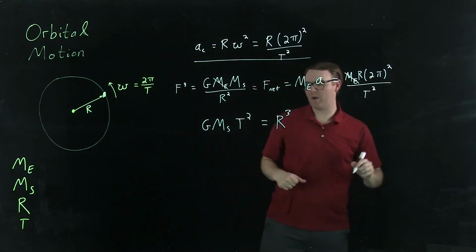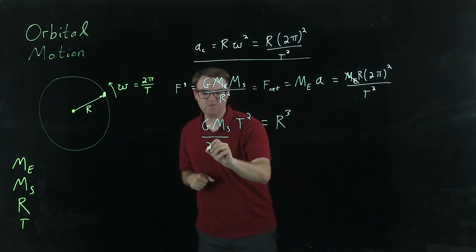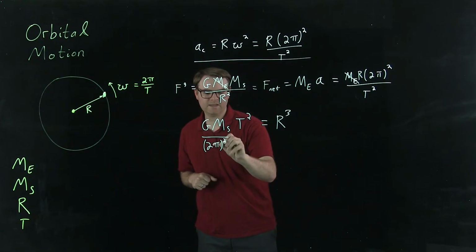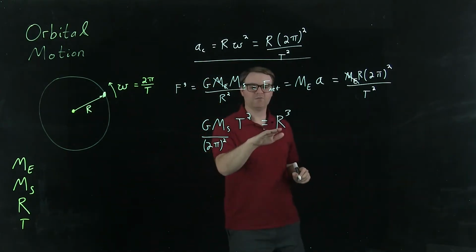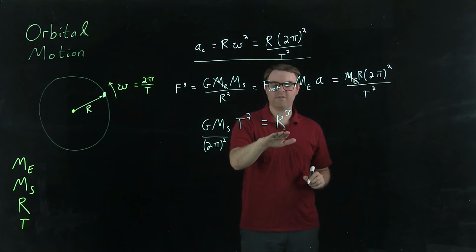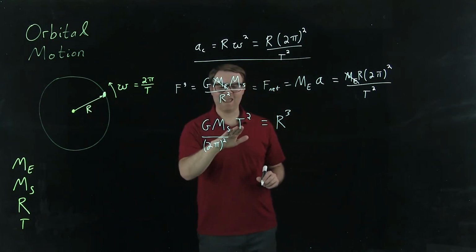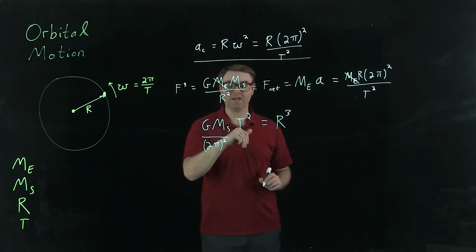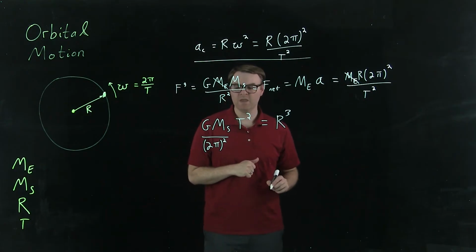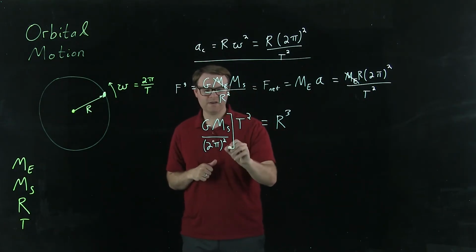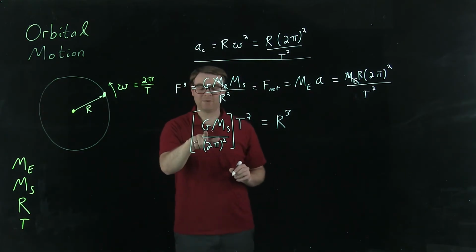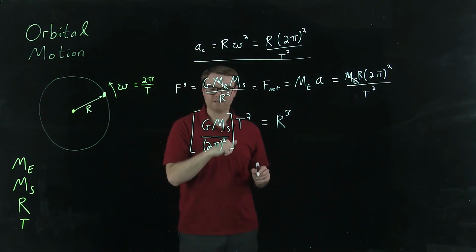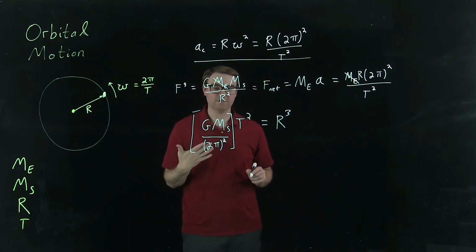And then I'm going to take this 2 pi squared, and I'm also going to move it over here and write this like so. So now I have a relationship between the radius of the orbital motion and the period, the amount of time that it takes to complete that orbital motion. And the only other thing that matters here seems to be this quantity, which is capital G, which is just a constant, times the mass of the sun, and then 2 pi, which again are constants.